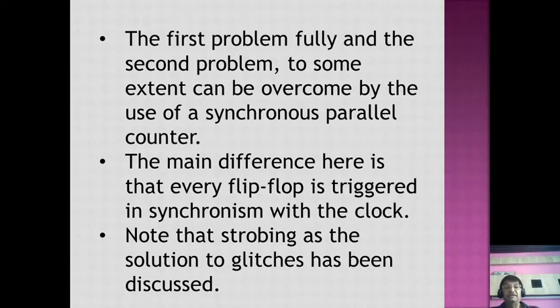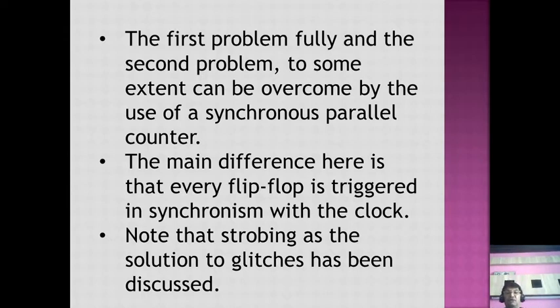The main difference here is that every flip-flop is triggered in synchronism with the clock. In a synchronous counter, all the flip-flops are triggered in synchronism with the clock directly. That means the clock pulse is given to all the flip-flops simultaneously, and after one propagation delay time, all the flip-flops change state, and hence they are synchronized, and hence glitches are removed.